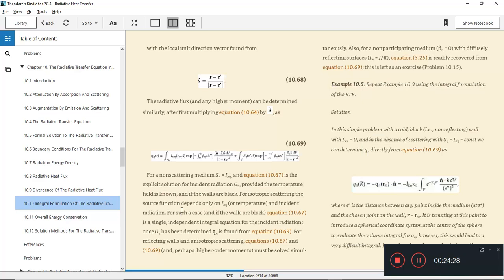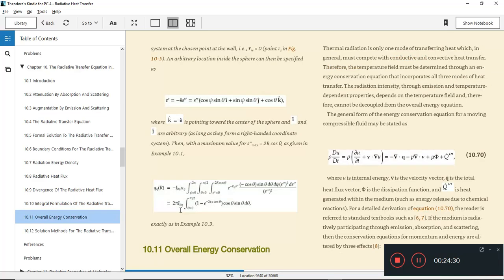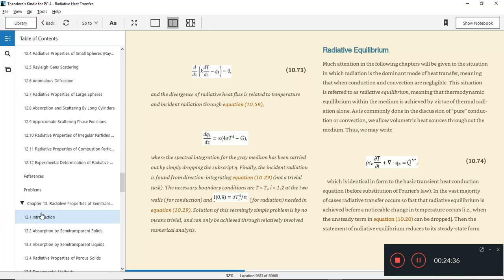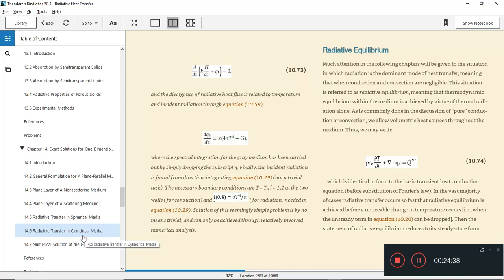So next video, hopefully, we can finally start looking at some more interesting things where we talk about actual exact solutions using this integration.